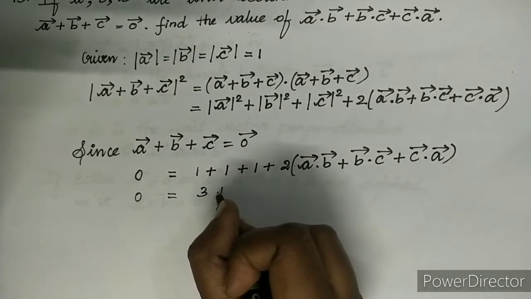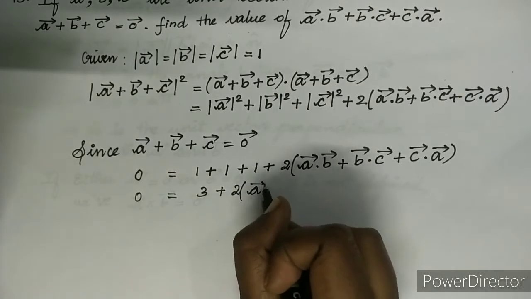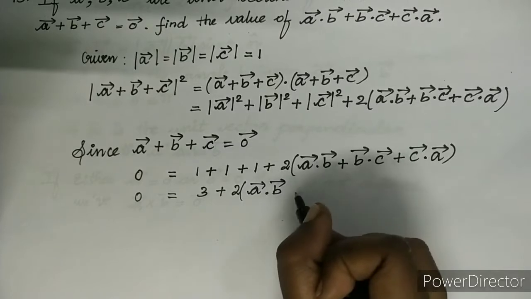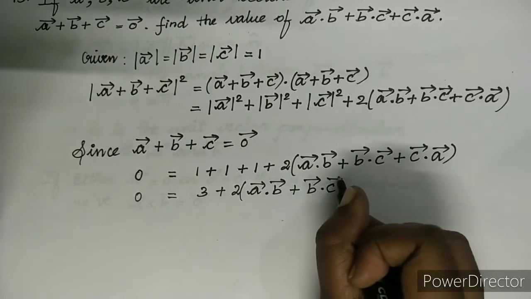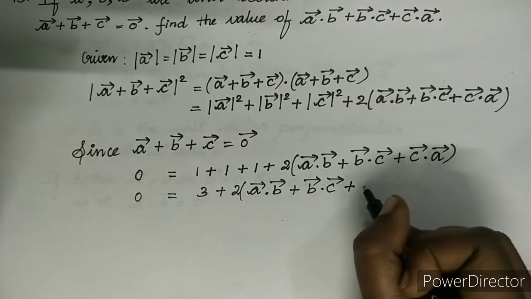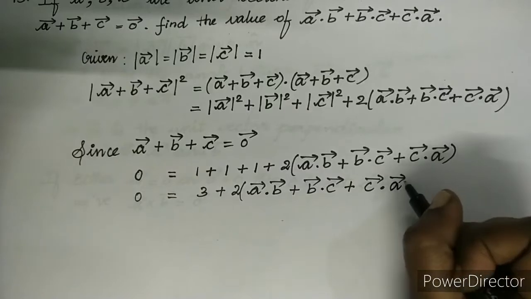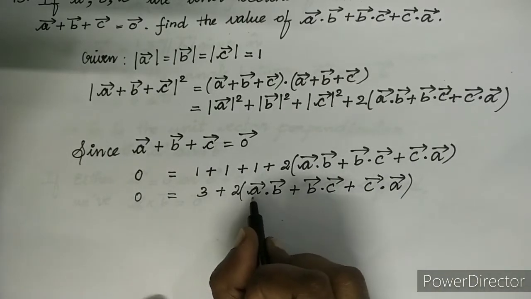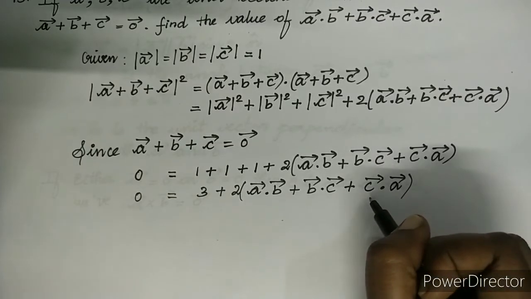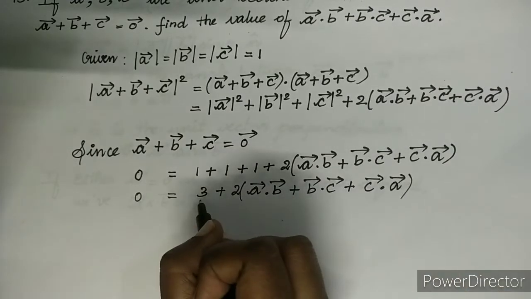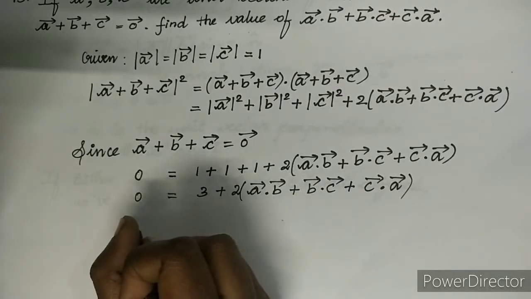So 3 plus 2 into A dot B plus B dot C plus C dot A. We have to find this one, A dot B plus B dot C plus C dot A. So we can take 3 to the other side, so plus 3 will become minus 3.